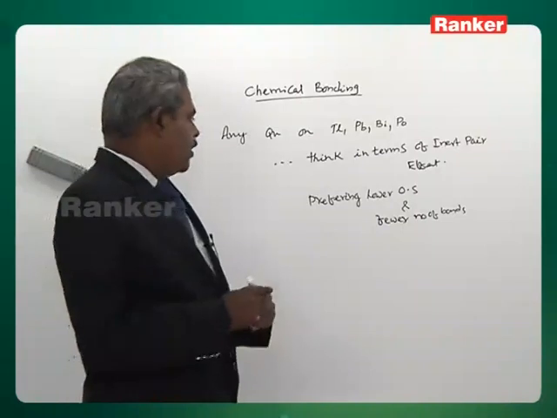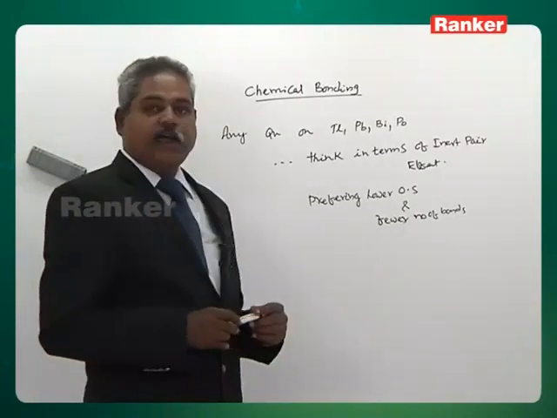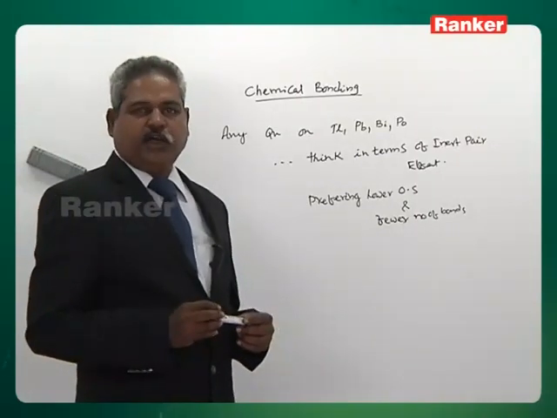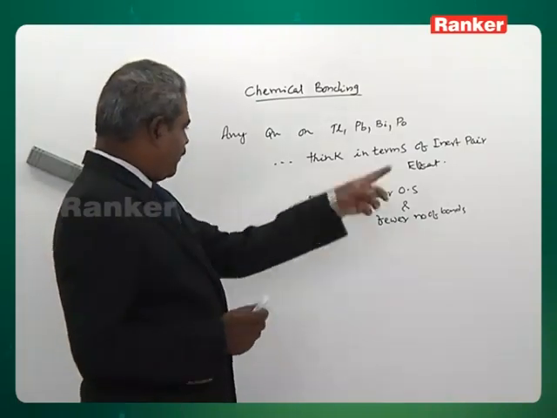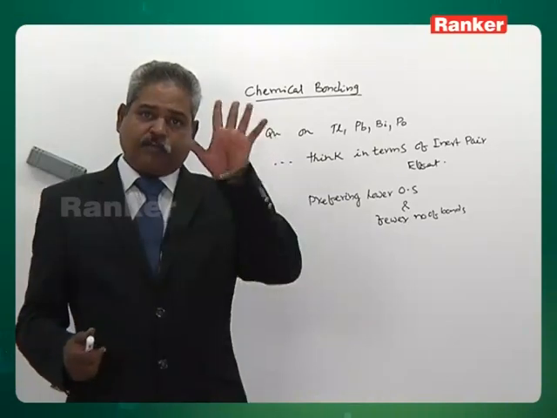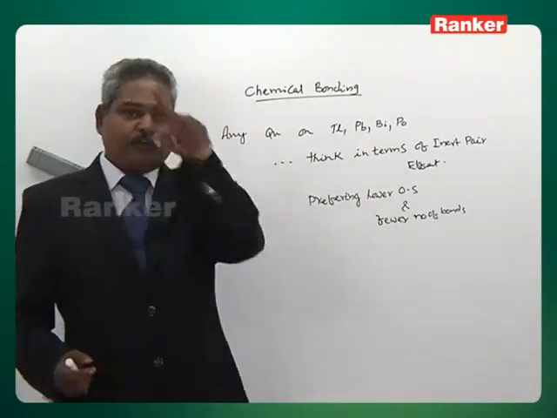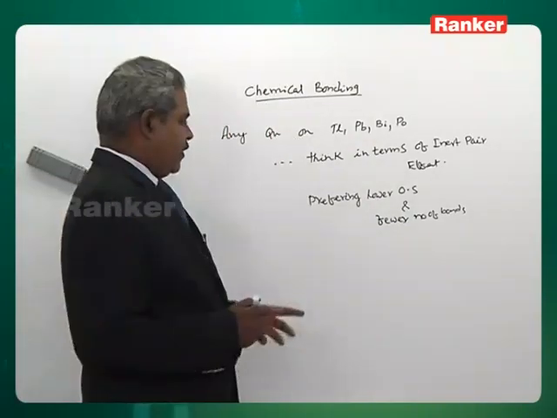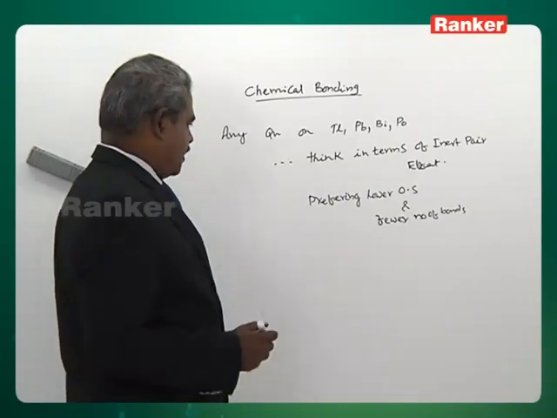Preferring lower oxidation states and fewer number of bonds is called inert pair effect. Preferring. It doesn't mean that they can't form 5 bonds. Bismuth can form 5 bonds, but it doesn't prefer to form 5 bonds because, okay, let's see why.